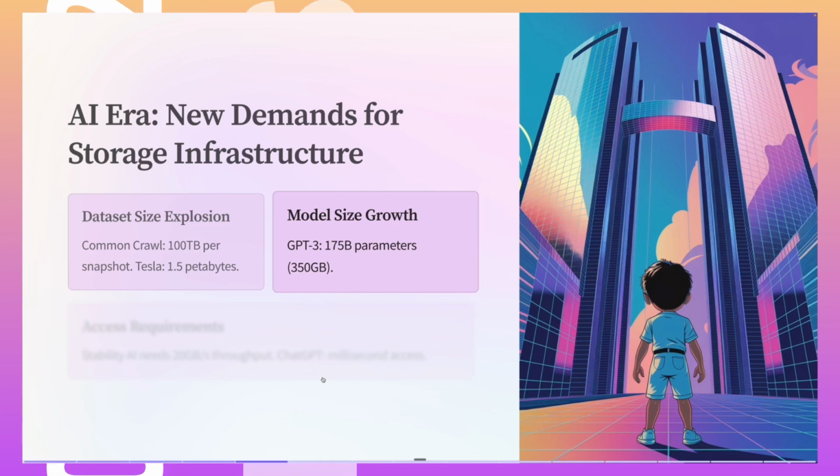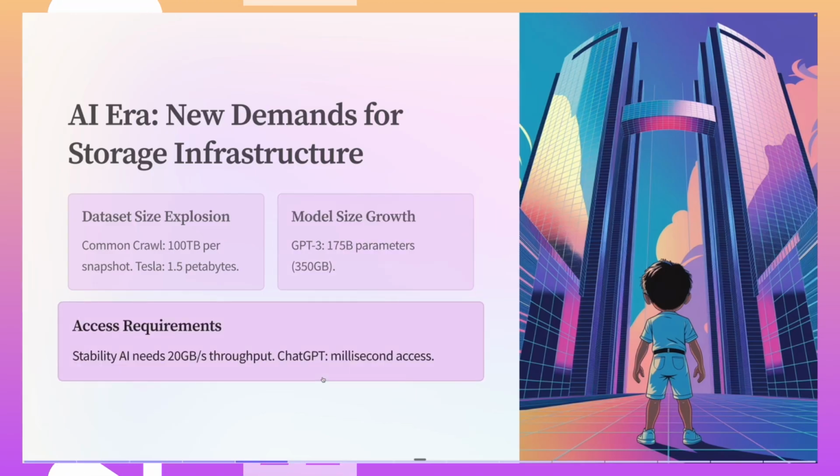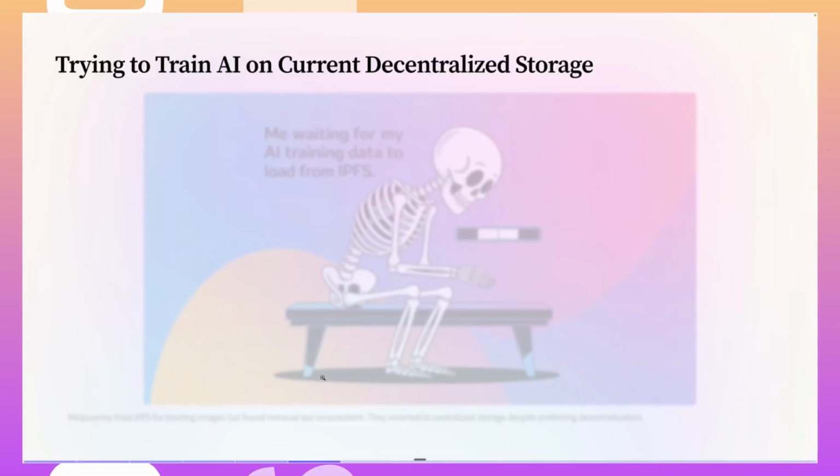I'm not even getting into GPT-4o or other models. Even GPT-3 is more than 350 GB. And to stream this, we need a faster data retrieval rate, not like 1 Mbps or 0.5 Mbps. That will not be sufficient for an AI workload.